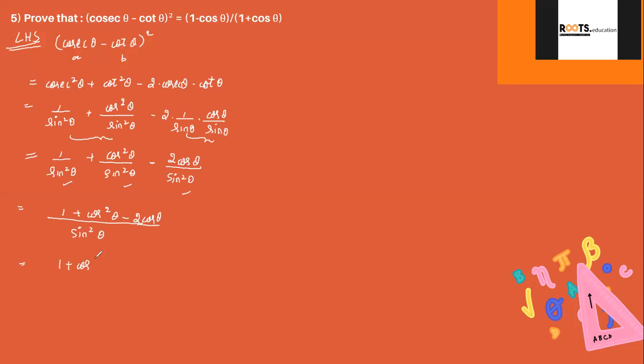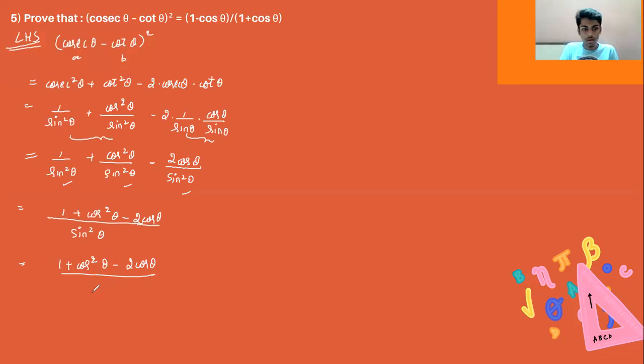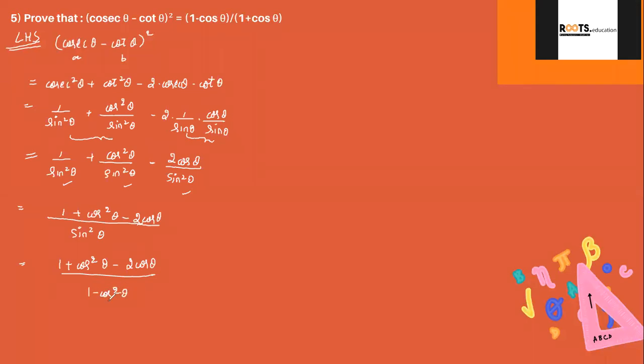1 plus cos square theta minus 2 cos theta. What is sine square theta? Use the identity and tell me what is sine square theta. It is 1 minus cos square theta. Very good. So in the numerator, 1 plus cos square theta minus 2 cos theta, I can write this as 1 square minus 2 cos theta plus cos square theta.